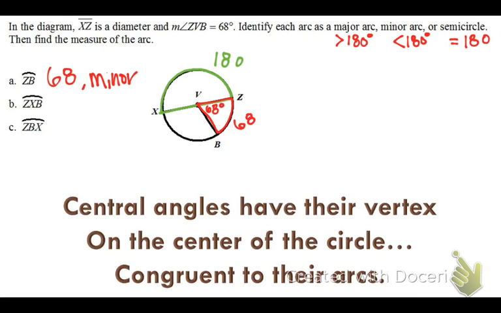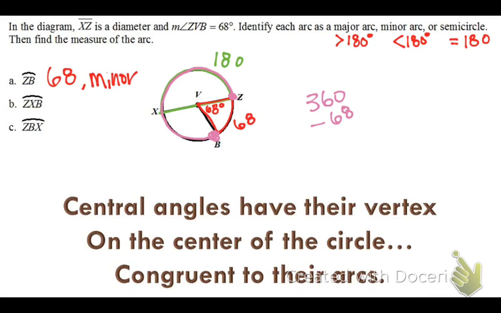All right, ZXB. So starting at Z, do I go to the left or right around the circle? To the left. ZXB. That's almost the whole circle. You have 68. So what can we do to figure out what the measure of it is? Subtract it. 360 minus 68. Why 360?